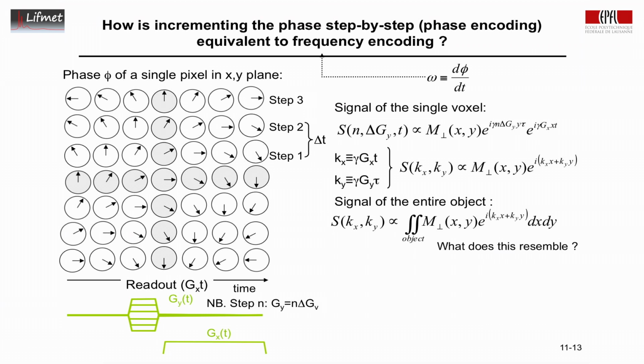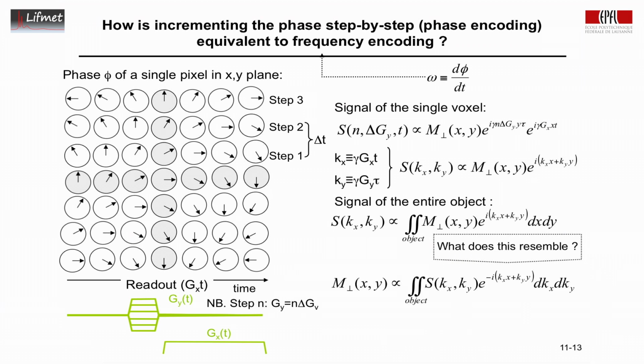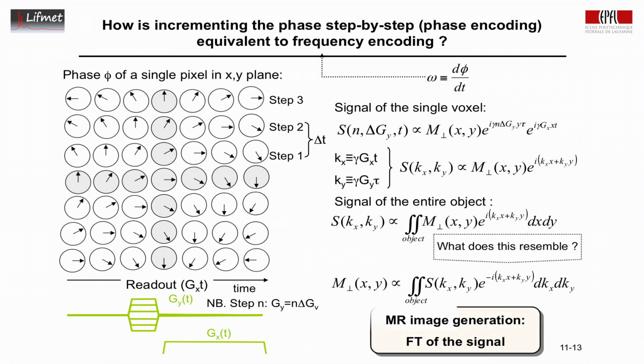Well, what does this resemble? Maybe you've come across similar expressions already. Well, this is the Fourier transformation of the object. Or, to obtain the MR image, we have to do the Fourier transformation of the signal.